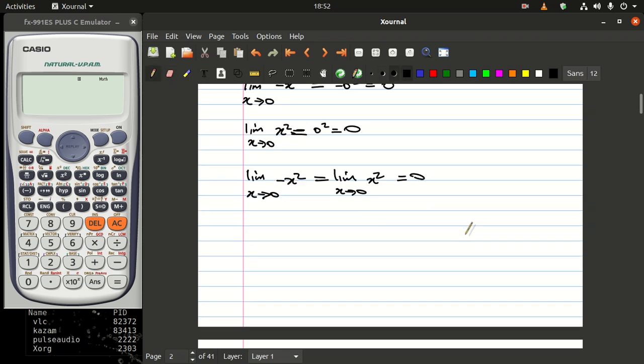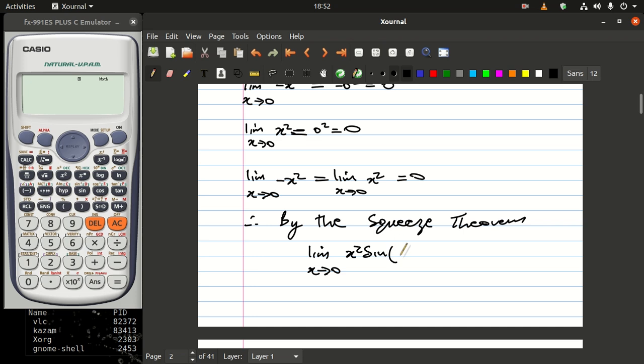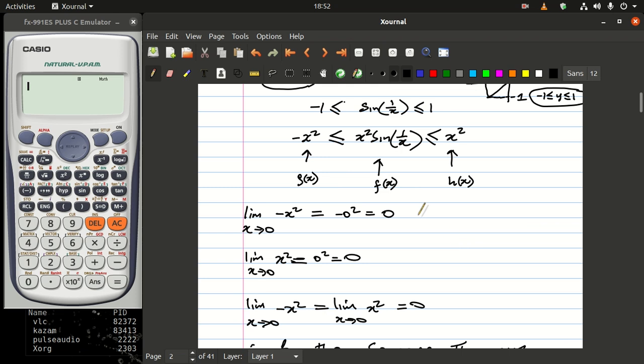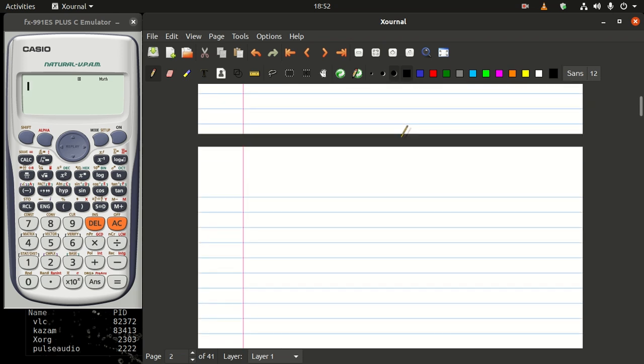You can just say that, therefore, by the squeeze theorem, the limit as x approaches 0 of x squared times sine of 1 over x is just equal to 0, because this function is always in the middle of these two functions. If this is getting a 0 and this becomes a 0, then the number between 0 and 0 is only 0. So this one can be squeezed to be 0. There is no other way.